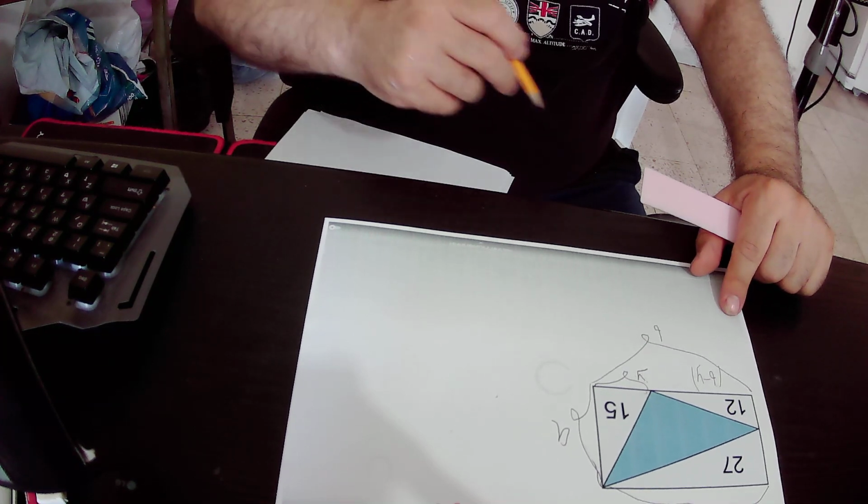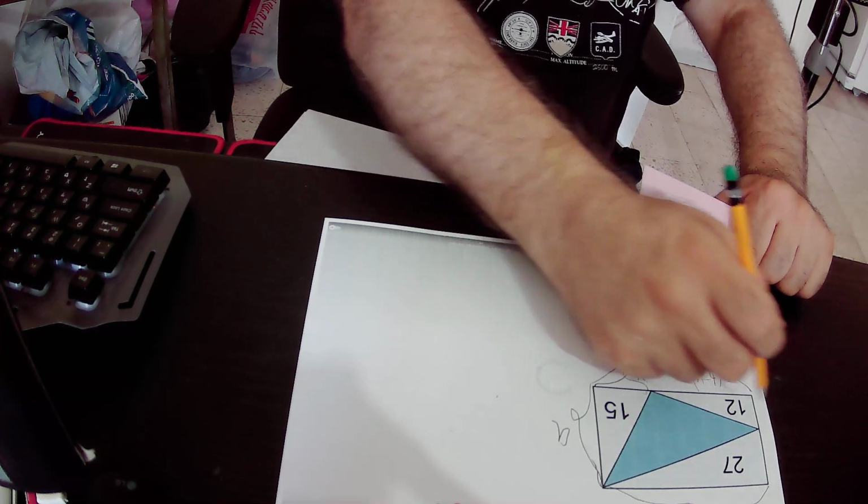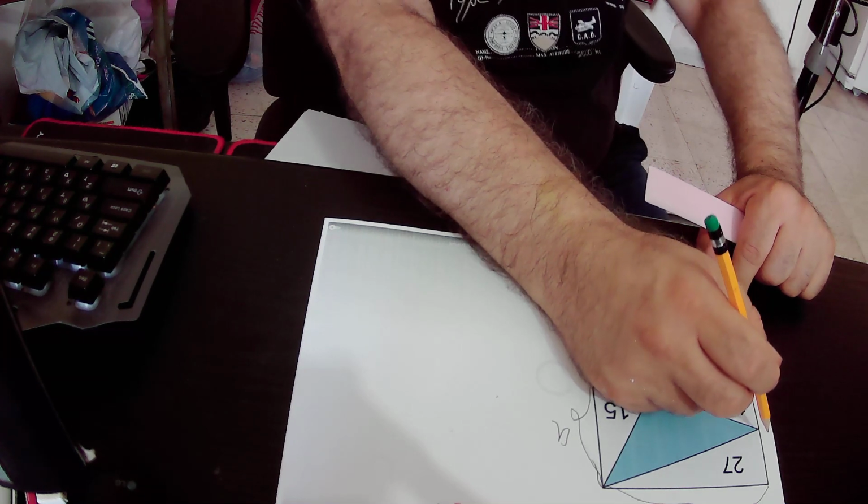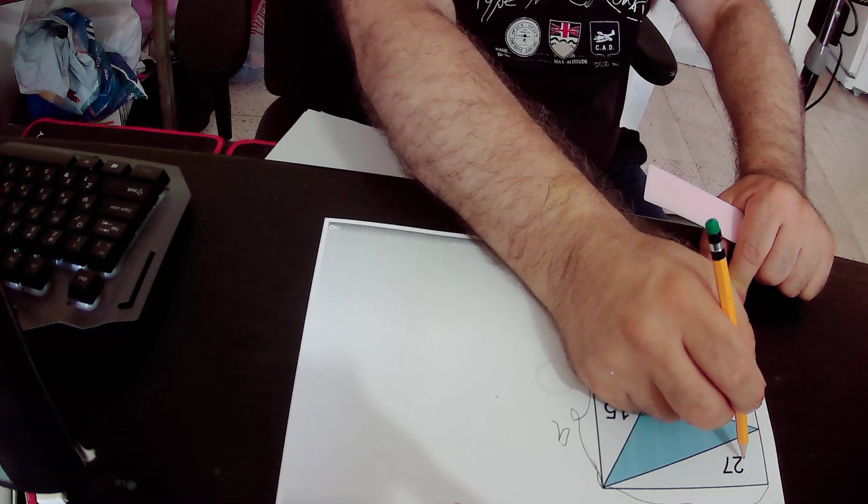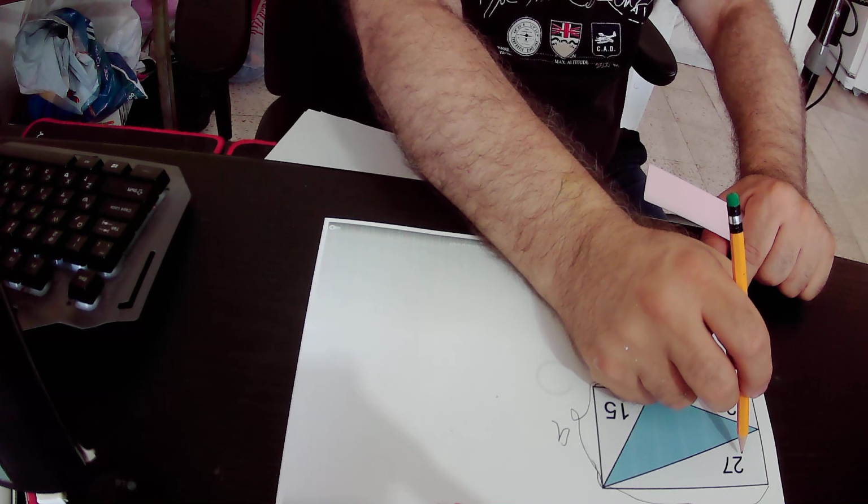In the same way, we will define the height of this right triangle whose area is 27 units.